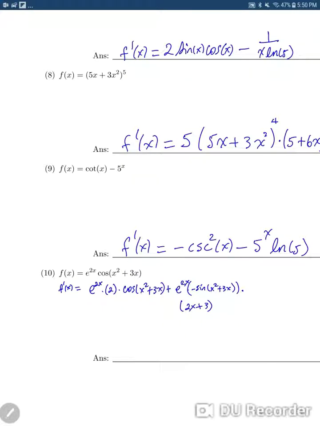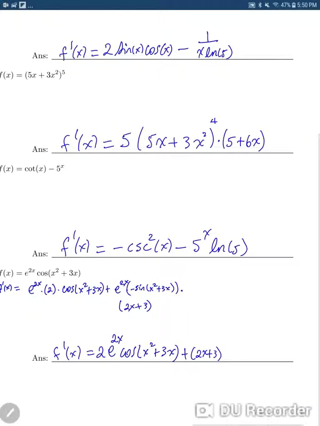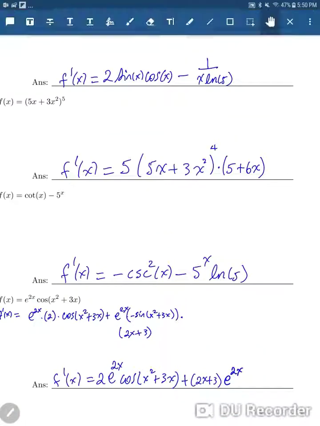So trying to clean it up, I have f prime of x is 2 times e to the power of 2x cosine of x squared plus 3x plus, I'll put this up front, no reason, 2x plus 3 times e to the power of 2x times, oh, I can put the minus out there, so let me change that.